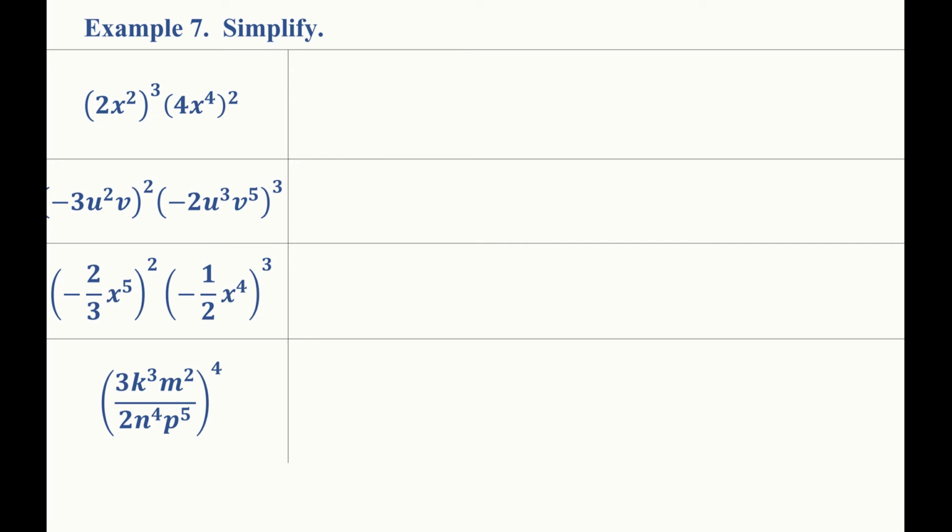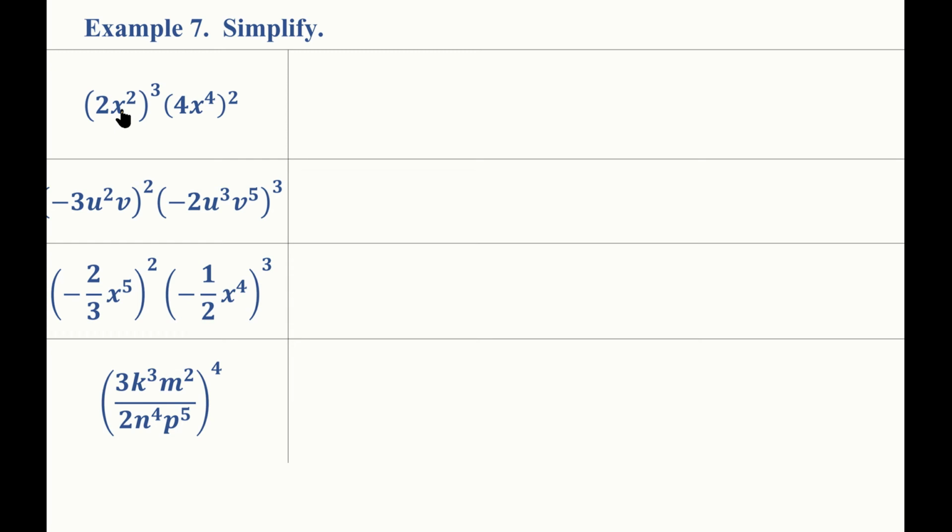All right, so here, notice that we need to start paying attention to the order of operations. We're going to go ahead and take care of this and this separately, and then we'll multiply. Notice we can't apply the product rule or anything like that because these two bases are different.